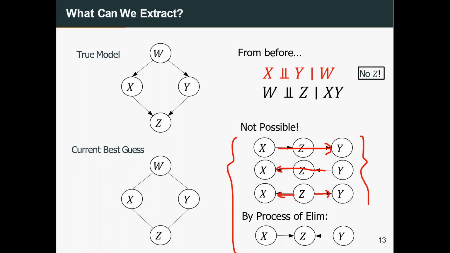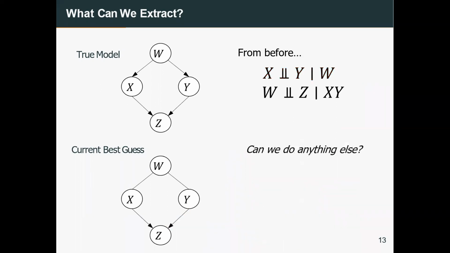So they're all just not possible. And then by process of elimination, you can say that the only one left is going to be the collider on Z. So we can change these edges to become colliders. And that's what we do here.